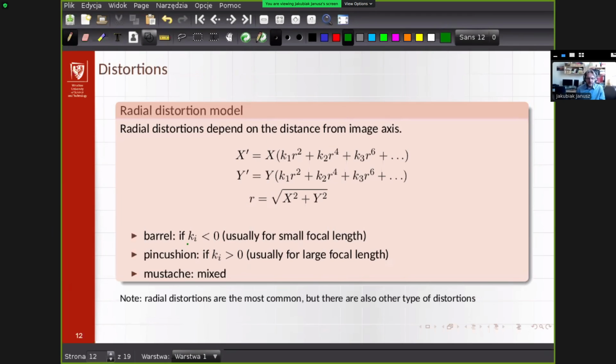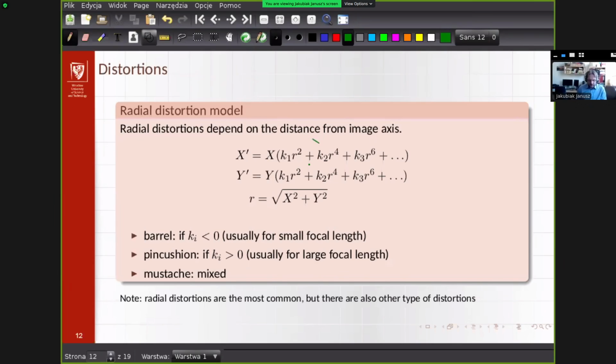And as you could see, the barrel distortion is when the k parameters multiplying here are smaller than 0, and pincushion when they are bigger than 0. And the mustache when the signs of these k are somehow mixed.